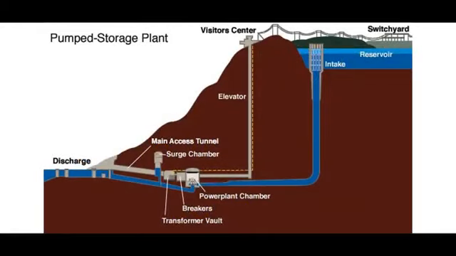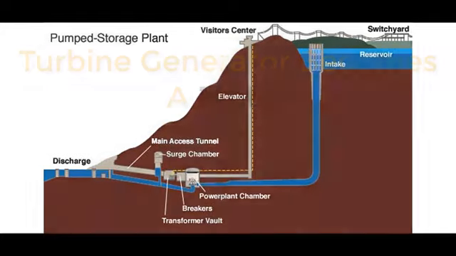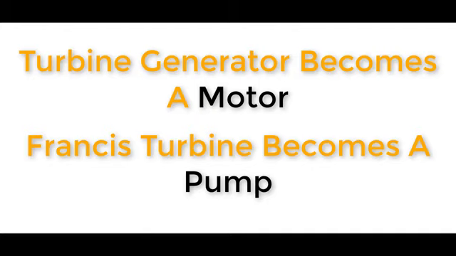But where the secret turbine comes in is that maybe you have too much electricity in the grid and you want to use some of that electricity to pump the water back up. To do this, you'll normally use a radial flow or Francis type runner or turbine. It'll pump the water up.